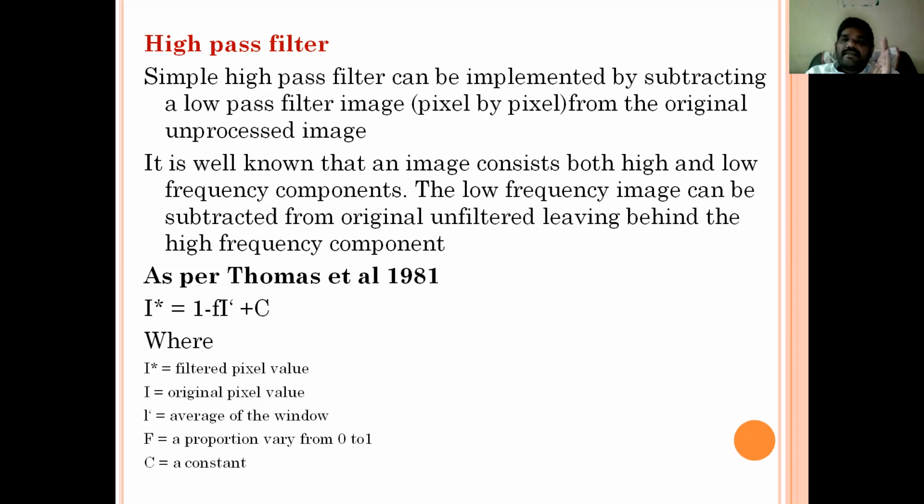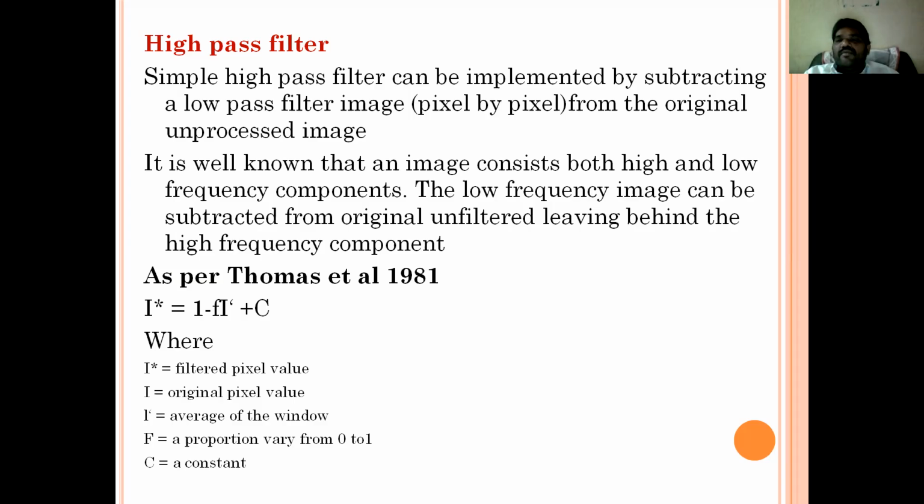Just remember this, just listen concentratedly. A simple high pass filter can be implemented by subtracting what? By subtracting a low pass filter.